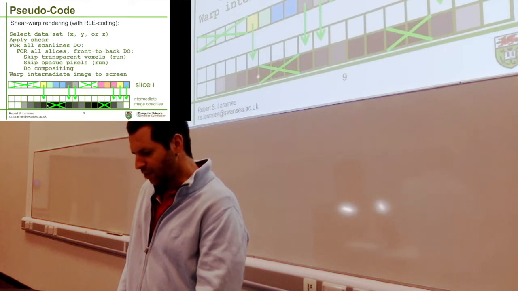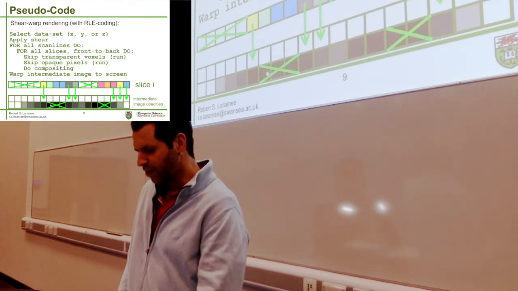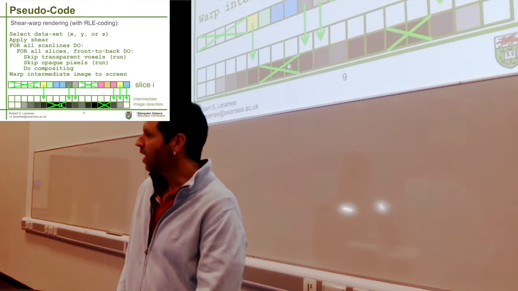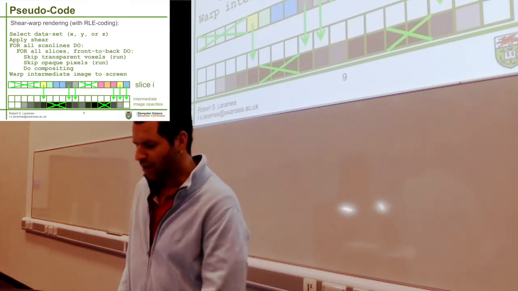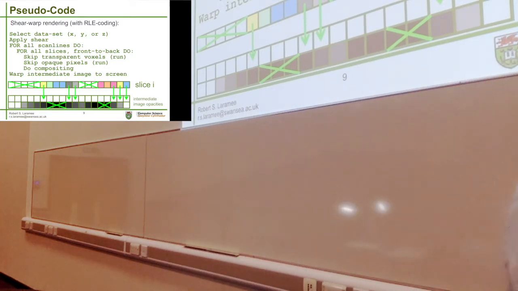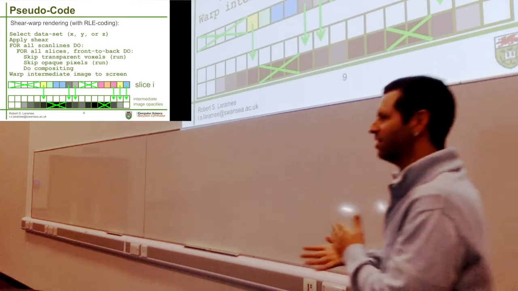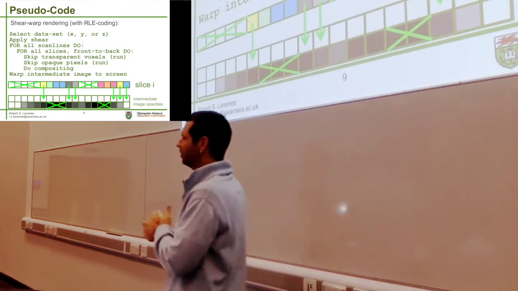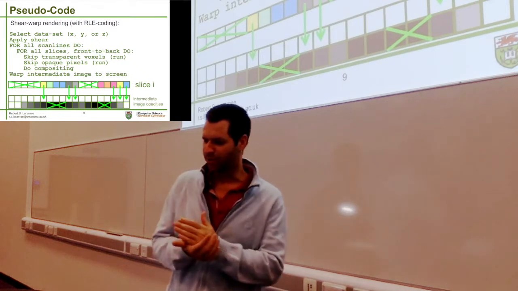Now, I don't know if anybody can remember, but in the last lecture, we talked about front to back ray casting. And when the ray reaches the maximum opacity, we can terminate it. We no longer have to sample the volume because we can't see anything behind it. That is what we're seeing now.